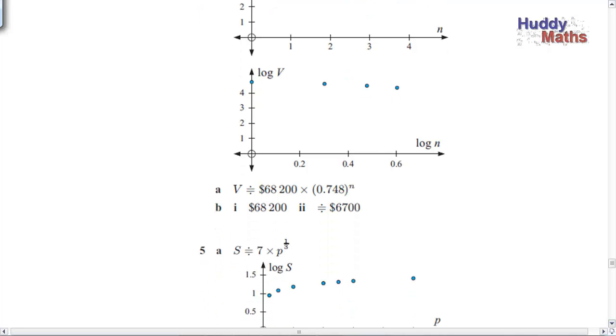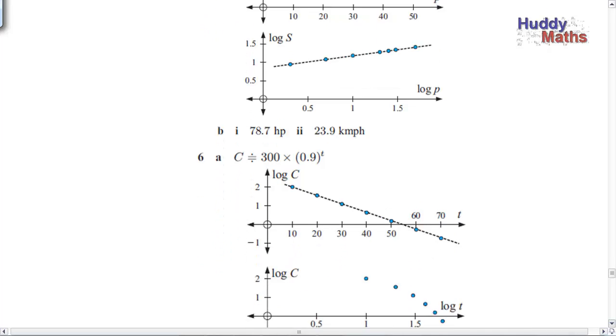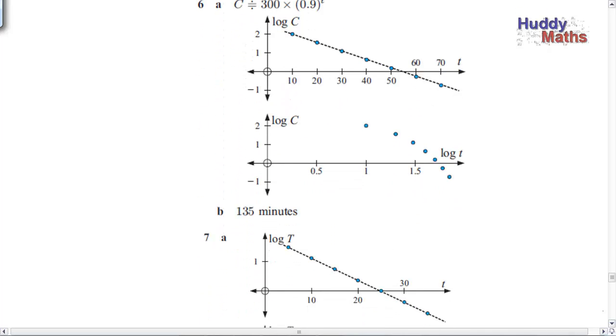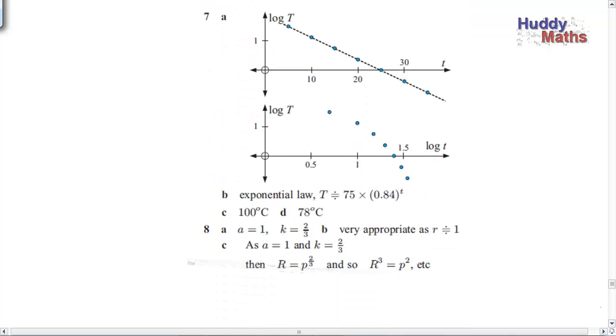And question 5. Question 6. Come down a bit here. And question 7. And question 8.